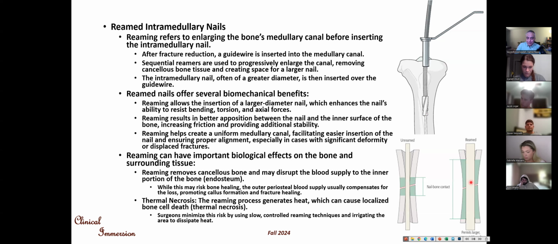So 7, 7.5, 8, 8.5. 8.5 was the first reamer that touched the cortical bone. 9 is the largest diameter. We cannot pass 9, because if we ream with 9.5, we are reaming a lot of cortical bone and creating a huge amount of heat here, and it will cause thermal necrosis, and the bone here will die, and it will destroy everything we have done.